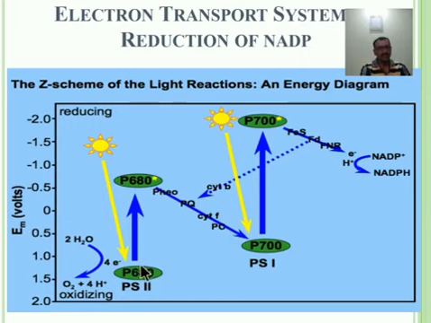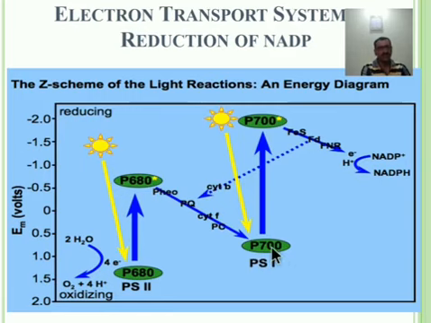In this way, these electrons come toward the plastocyanin. It is a copper containing protein. From plastocyanin, it is absorbed by the photosystem first. Again photosystem first has a reaction center P700.